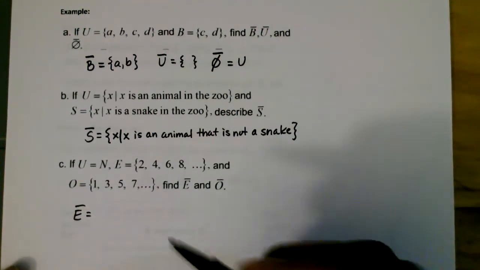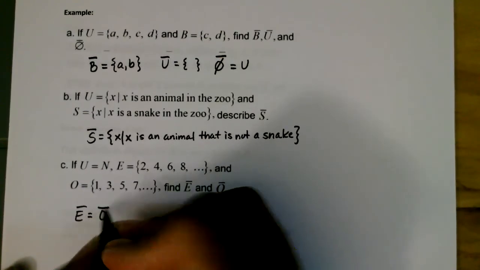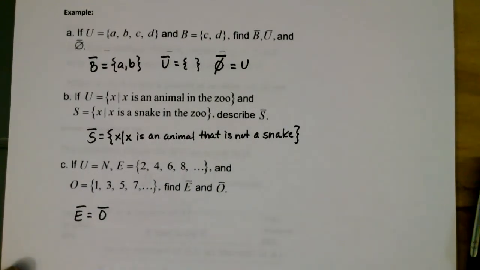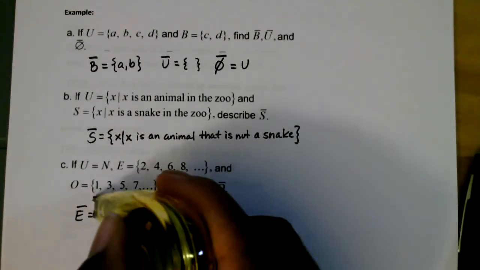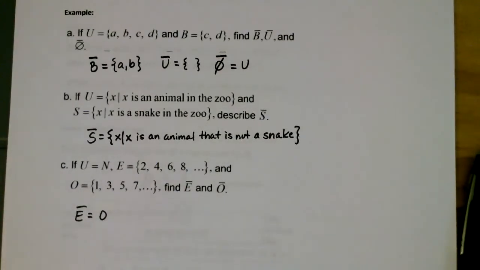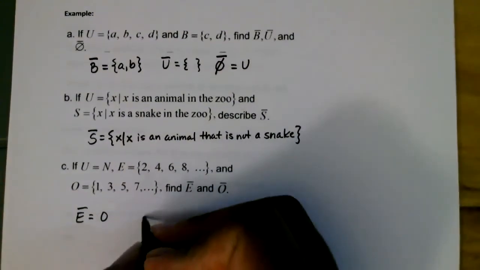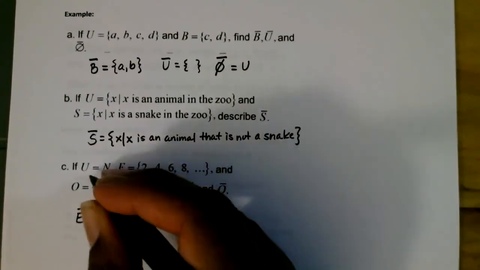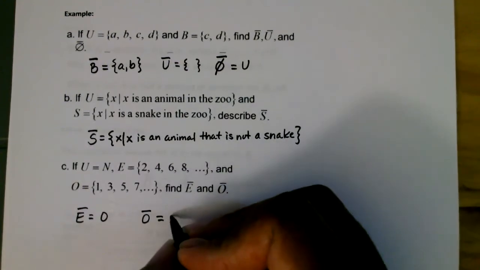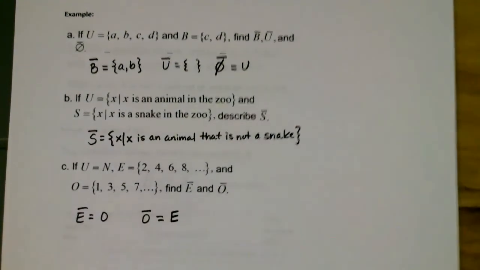The set of odd numbers, which is, of course, defined as O. I'm sorry, we don't need this on top. It's just the set of odd numbers, O. And O complement, if you take away the set of odd numbers from the universal set, you'll be left with just the set of even numbers, E. Okay.